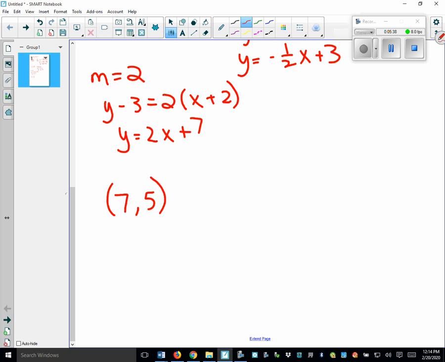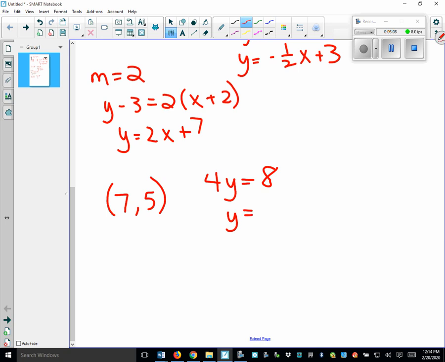Passes through this point, (7, 5), and it is parallel to this line. I want my answer in standard form. What is the slope of this line?